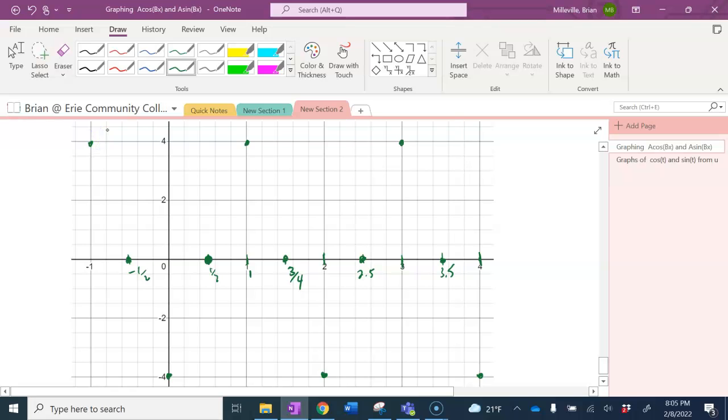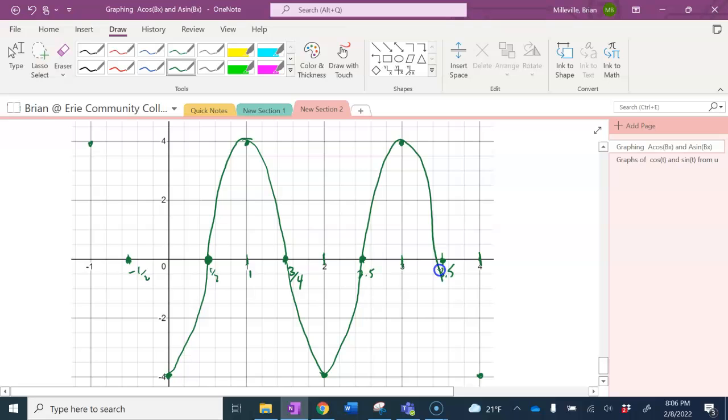The main ones were the first ones, which I'm going to connect straight off here. We're going down from -4 to 1/2, and then up to height 4, back down to 0 at 3/4, back down to -4 at 2, and then we would just keep on repeating the same pattern, going to the right and likewise going to the left.